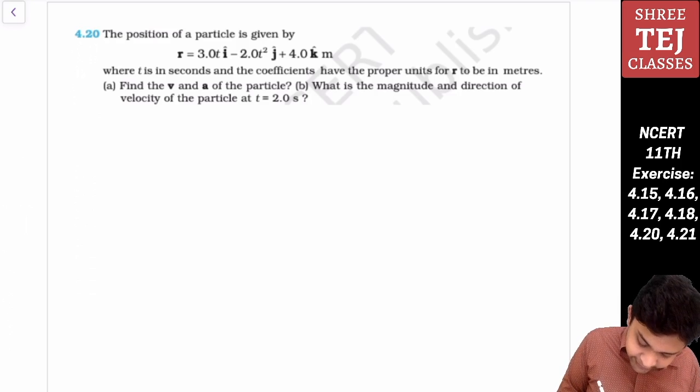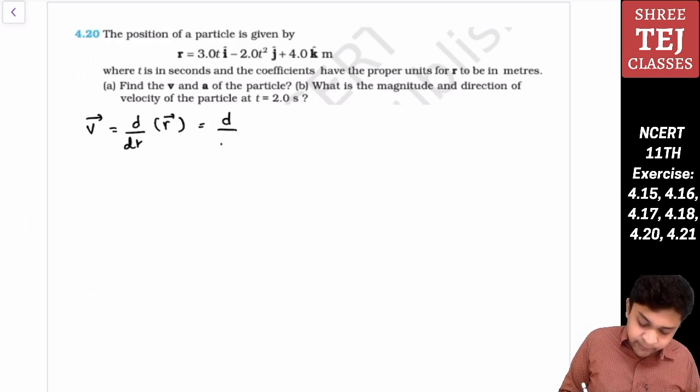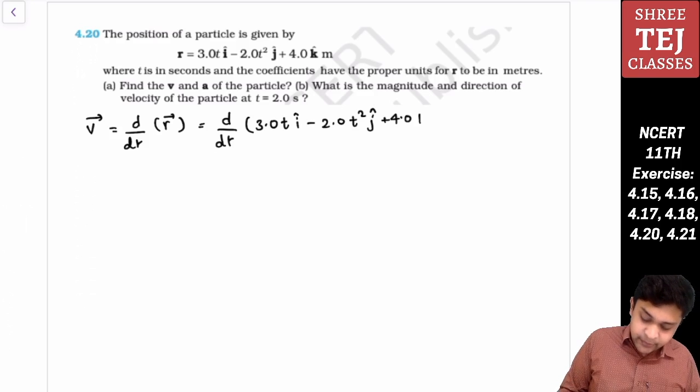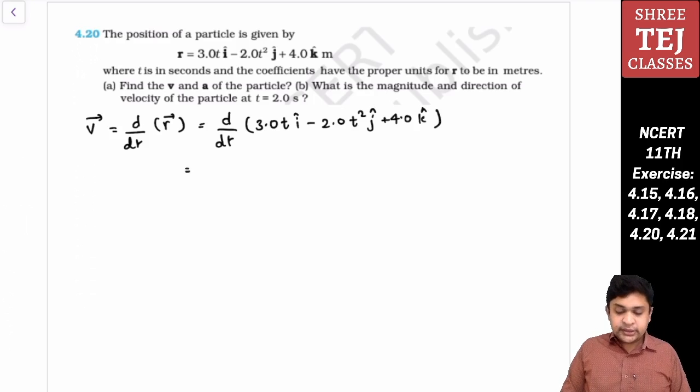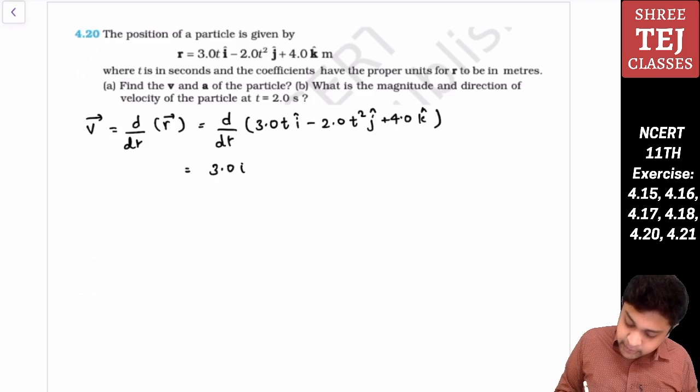So velocity vector is d by dt of position vector. So it will be d by dt of 3.0 t i cap minus 2.0 t square j cap plus 4.0 k cap. So this would become 3.0 i cap minus 4.0 t j cap.